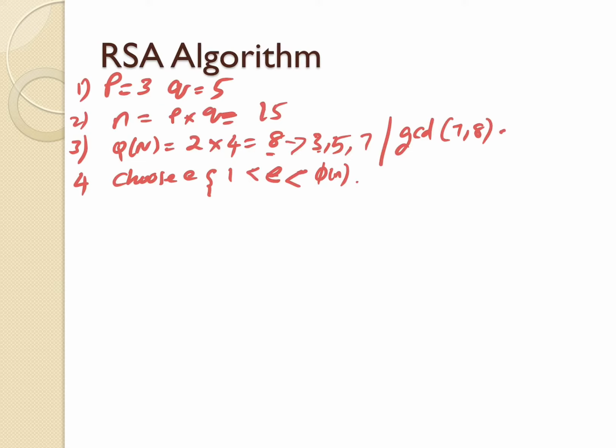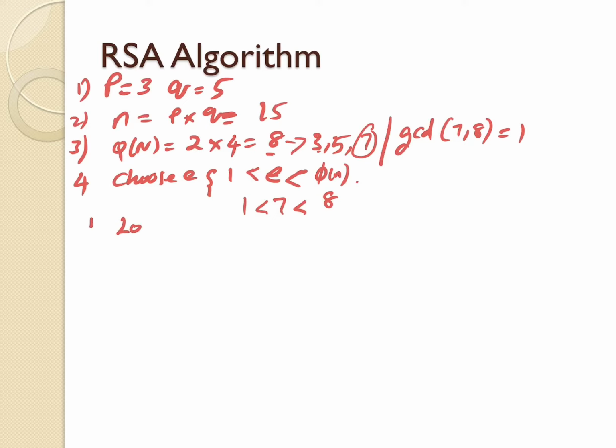GCD of 7 comma 8 is 1, so that's why I'm choosing this 7. Now the E satisfies this condition: 7 is always greater than 1 and less than pi of n, which is the value 8. So now we have found the E.